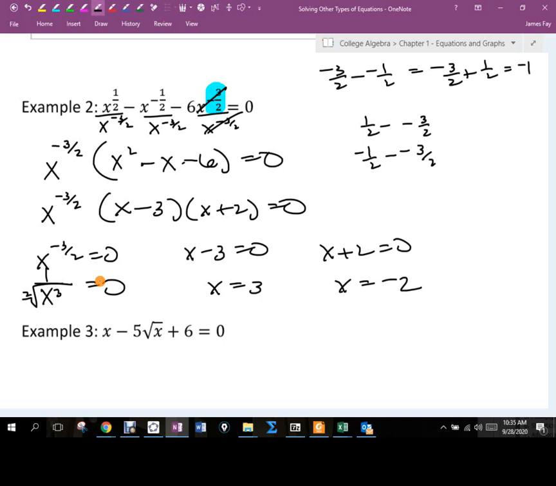And anything that I choose for x will never evaluate to 0, I always have a numerical quantity on the bottom there. And 1 divided by anything is never going to be 0. So that doesn't give me a solution. So what are my solutions? Three and negative 2.